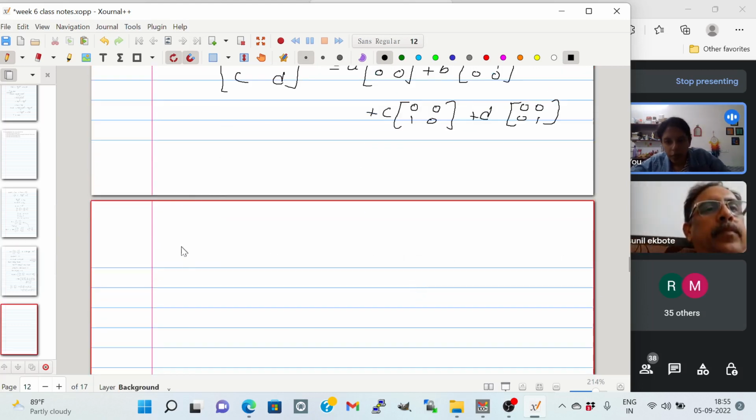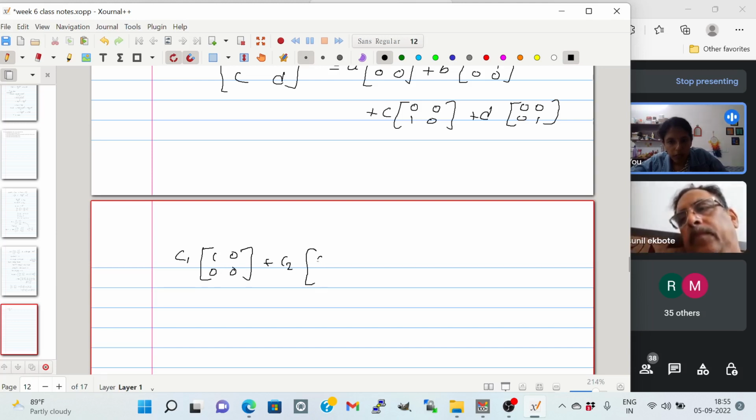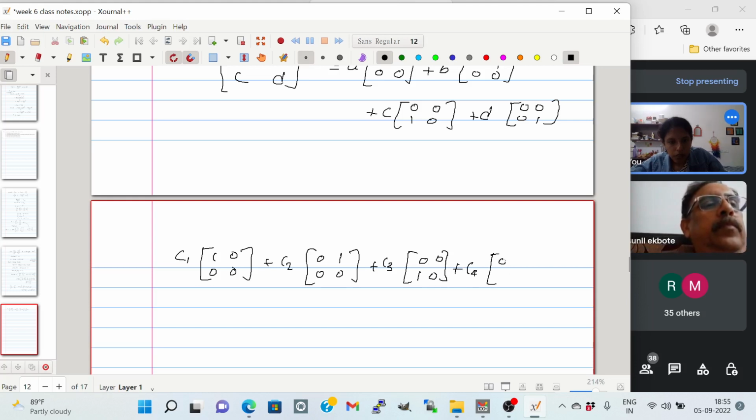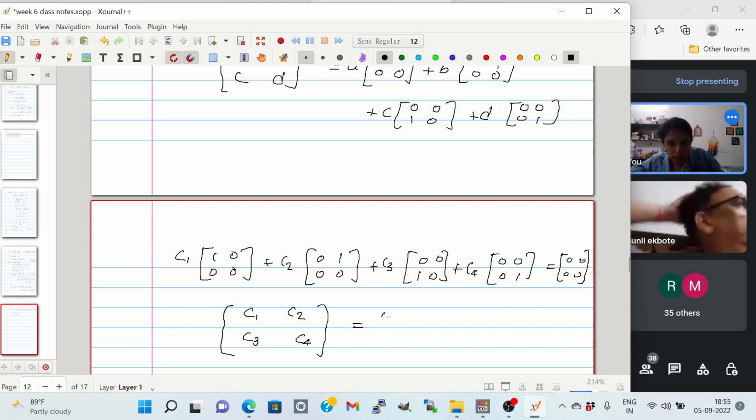For linear independence, we can check. If I take the linear combination of these 4 elements, C1 times 1, 0, 0, 0 plus C2 times 0, 1, 0, 0 plus C3 times 0, 0, 1, 0 plus C4 times 0, 0, 0, 1, and equate it to the 0 matrix, adding them I will get the matrix C1, C2, C3, C4 equals the 0 matrix.